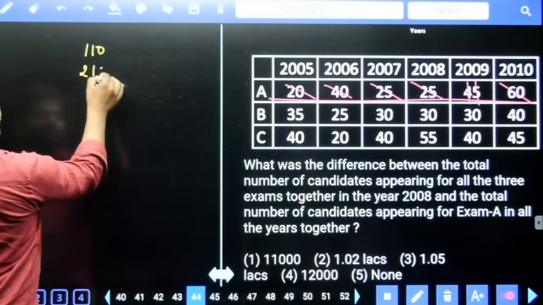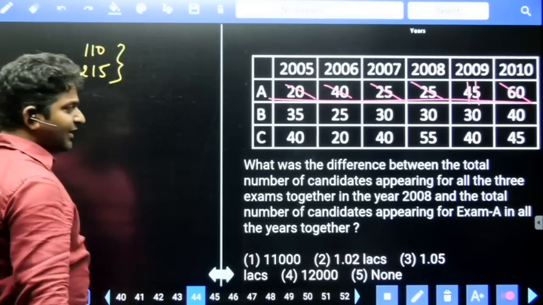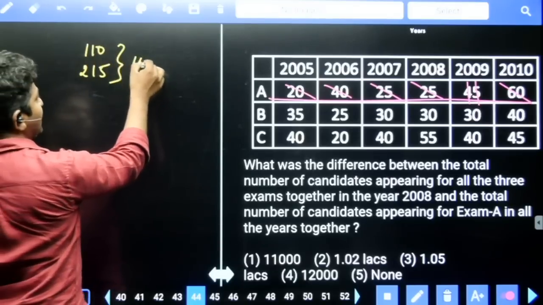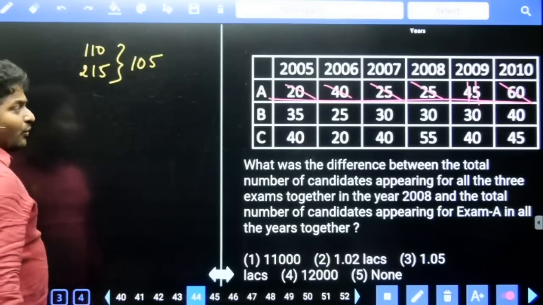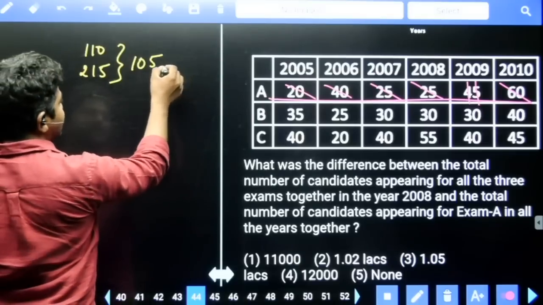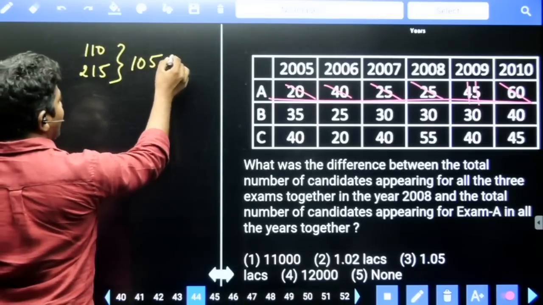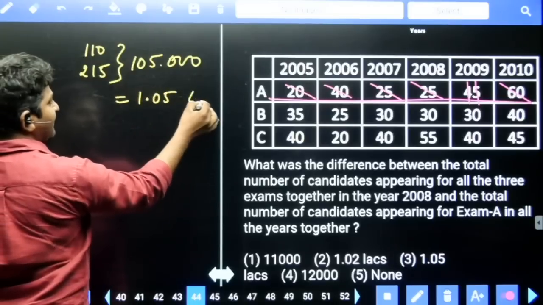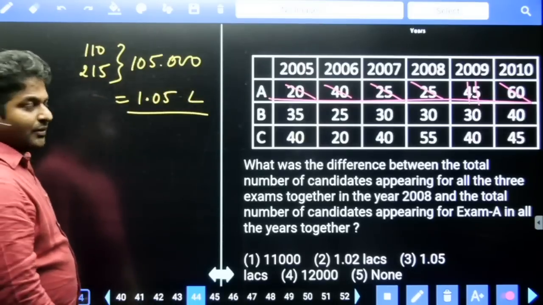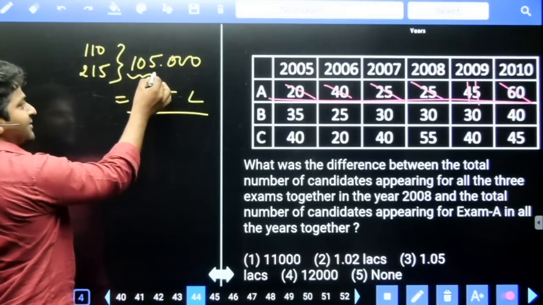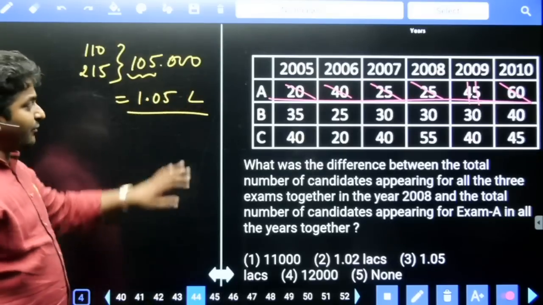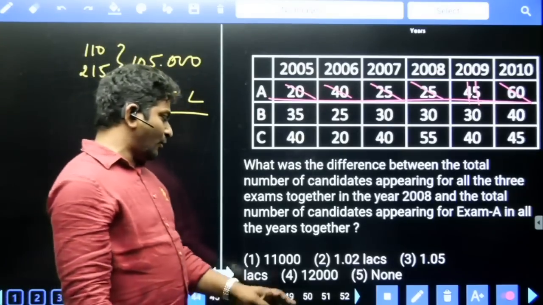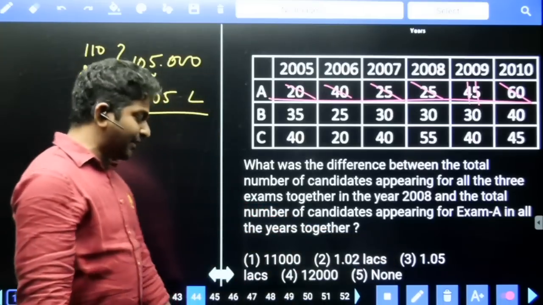Now for these two numbers you are asked to calculate the difference. The difference between these two numbers is equal to 105. 105,000 in the sense after this you have to write three zeros. The same we can write as 1.05 lakh also. So we have 105 as the difference and values are in thousand, so we have to add three zeros. The same is equal to 1.05 lakh, which is the third option.